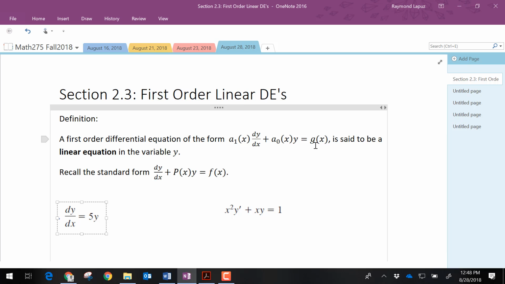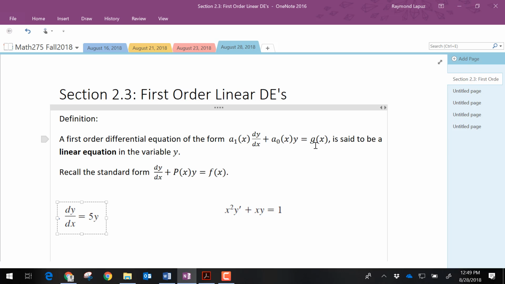And what we want to do is that if we have this form, we want to put it in the standard form, where you have all the y's and y primes on one side with the y prime by itself, and then you have some other function of x on the other side.